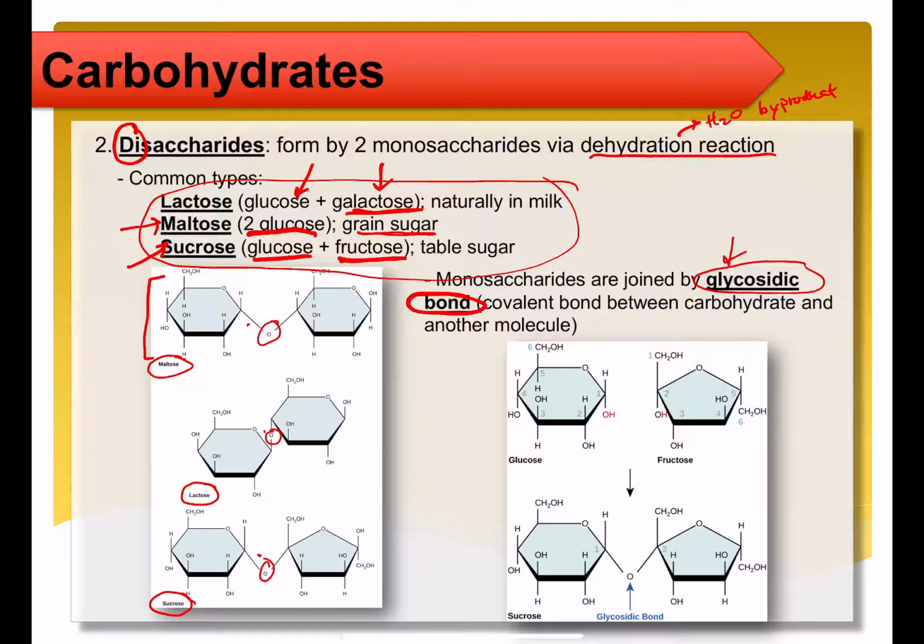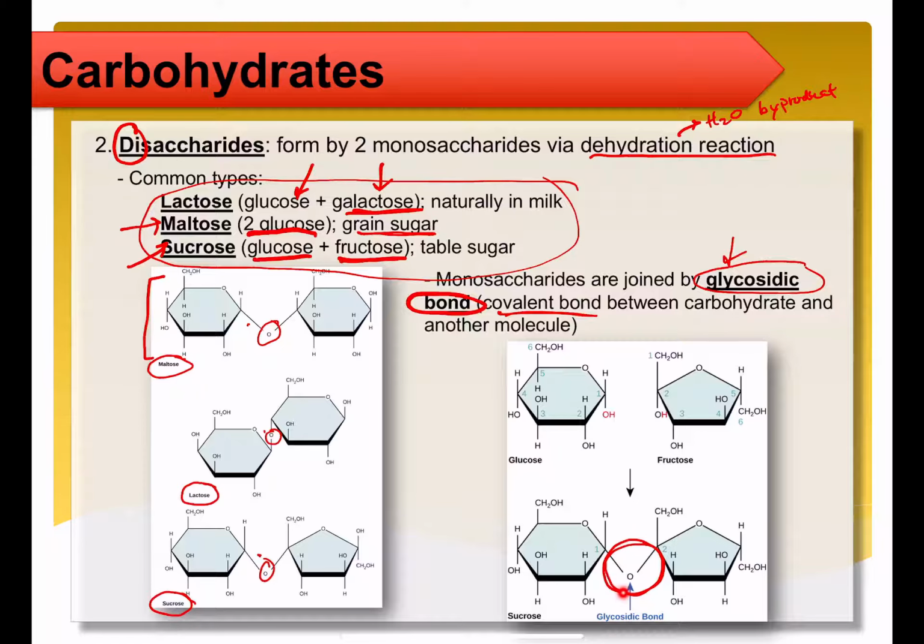All right, so the glycosidic bond is the covalent bond between a carbohydrate and another molecule. This right here is the glycosidic bond I was talking about. That oxygen in the middle and the new covalent bond formed between this monosaccharide and this monosaccharide, which are glucose and fructose, to make a sucrose molecule, is formed by this glycosidic bond right there.